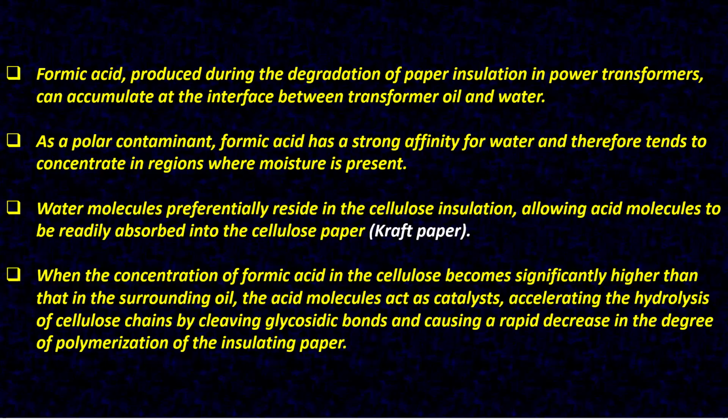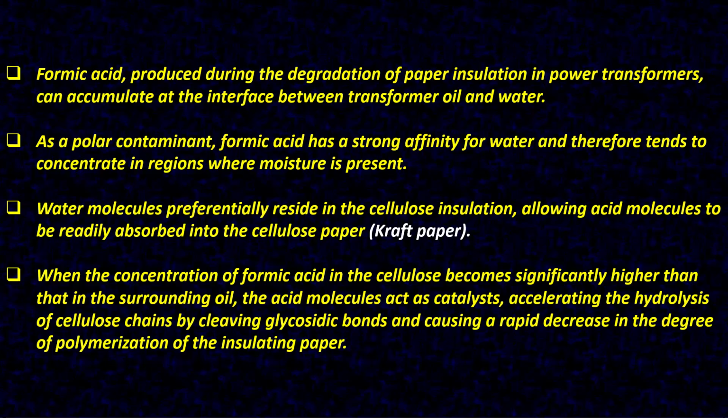As a polar contaminant, formic acid has a strong affinity for water and therefore tends to concentrate in regions where moisture is present. Water molecules preferentially reside in the cellulose insulation, allowing acid molecules to be readily absorbed into the cellulose paper, that is kraft paper. And the concentration of formic acid in the cellulose becomes significantly higher than that in the surrounding oil.